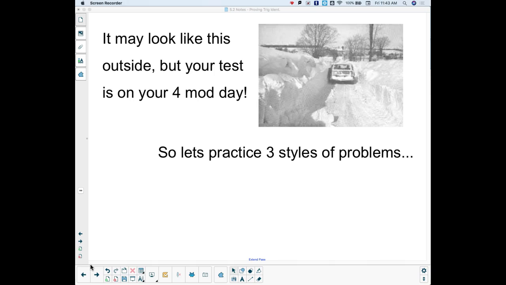In preparation for your 4-mod, or for your test, remember you've got 4 worksheets that you should all have now, plus the 2 formatives, purple full sheet, green half sheet formative.